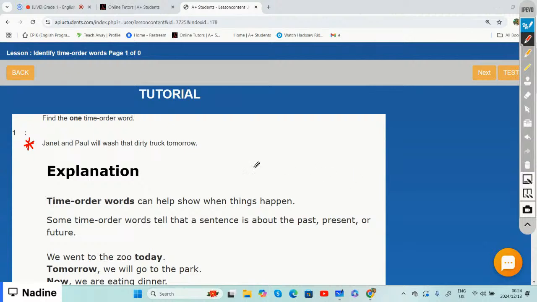We say Janet and Paul will wash that dirty truck tomorrow. If we look at the sentence, we need to identify one time order word within the sentence. A word that tells us when something will happen or when something happens.